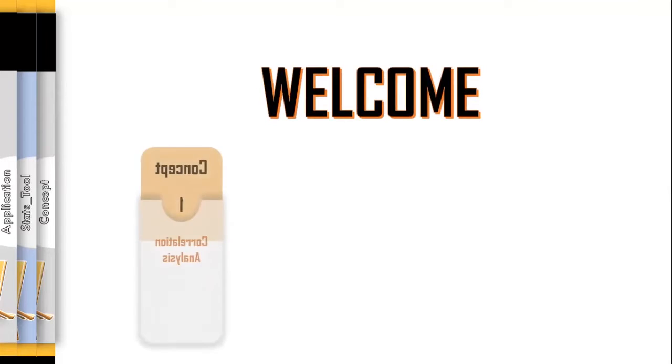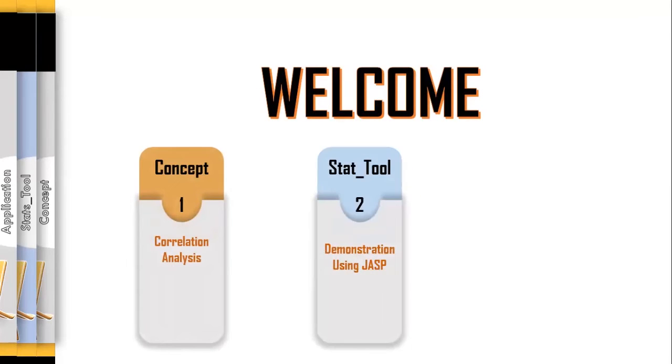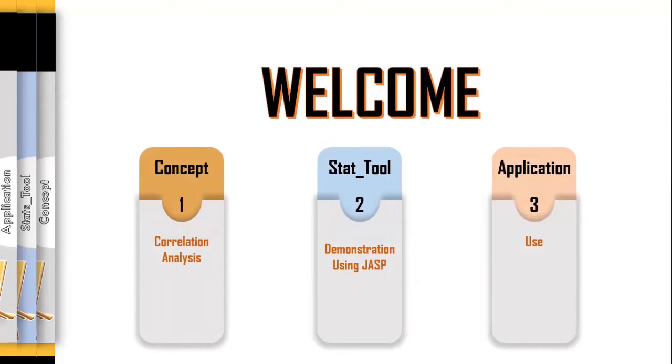In today's brief video, we're taking a look at correlation analysis. We will demonstrate this using JASP, and as we do, we'll come to appreciate its application when it comes to research. Now, you would agree with me that when we observe phenomena such as age and height, you will come to the conclusion that as one advances in age, his or her height tends to increase until a particular threshold is attained.